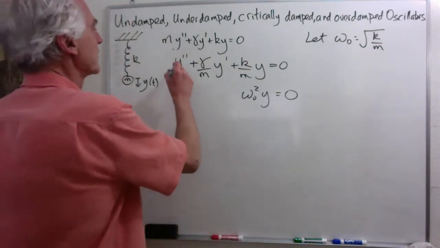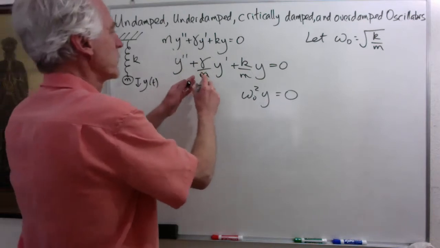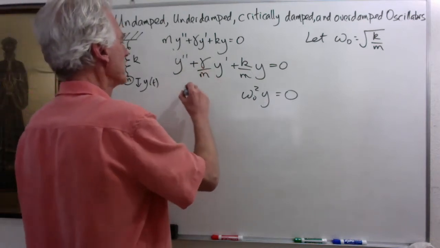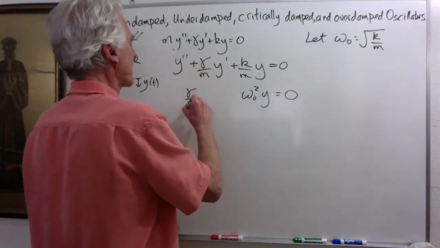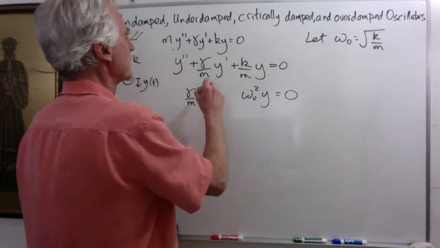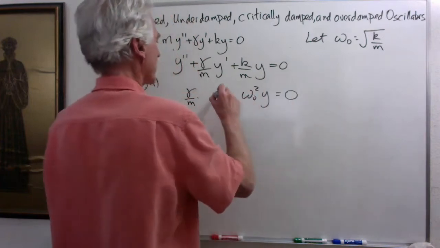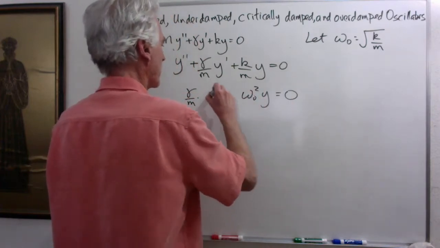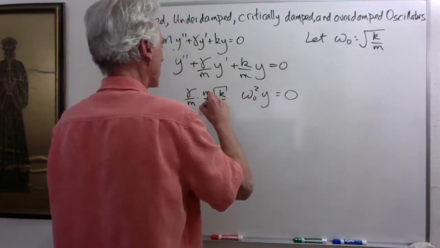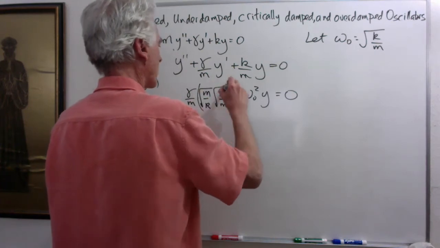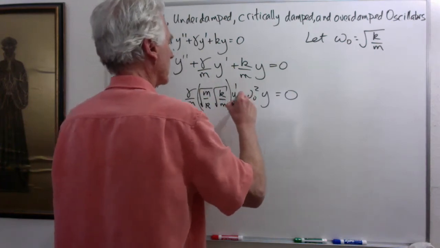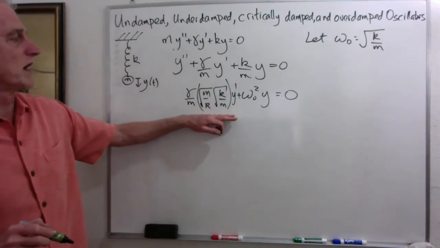All right, so that's not going to change, but here, what are we going to do with this gamma over M? I'm going to write this is gamma over M times, let's put in an omega naught here, K over M. What I've done here is I put in a form of 1.